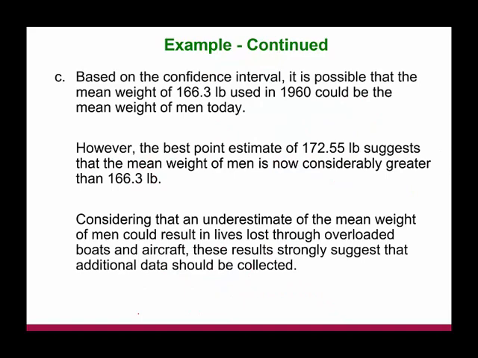Now, based on the confidence interval, it is possible that the mean weight 166.3 used in 1960 could still be the mean weight of men today. However, the best point estimate of 172.55 indicates we should probably use this instead, because it's much greater than the 166.3 pounds from back in the old days.